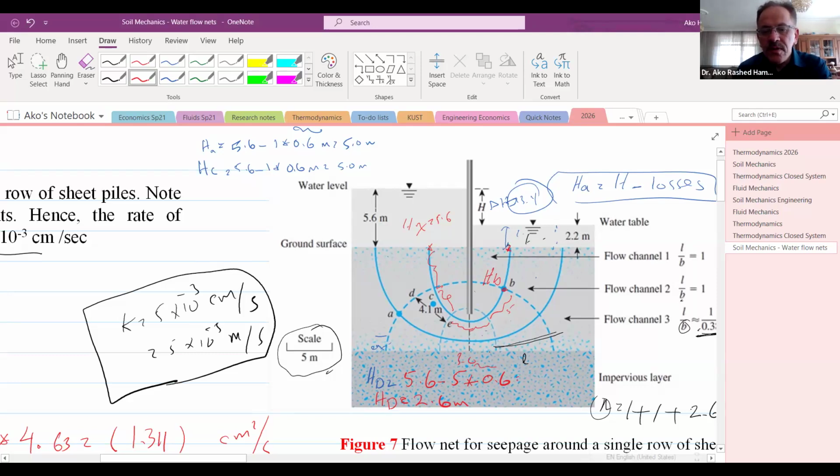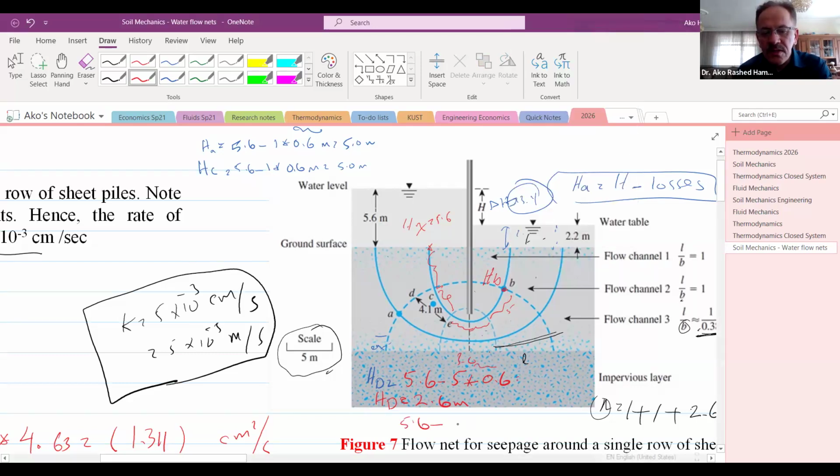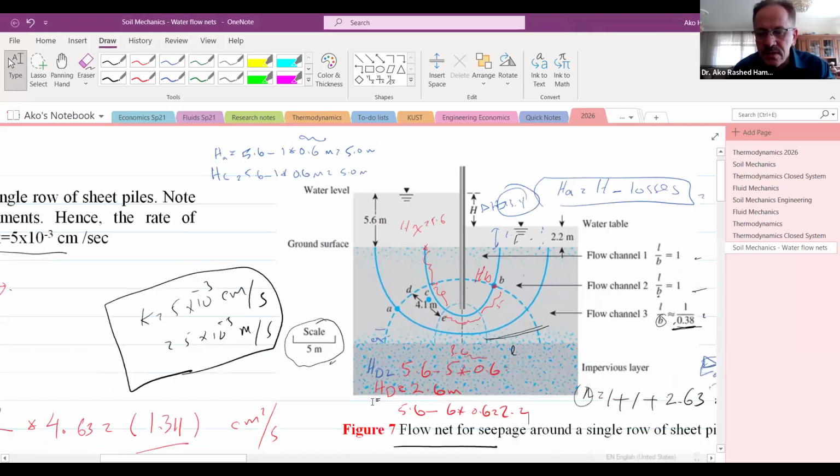And what will be the pressure on this one? The pressure at this one will be 5.6 minus 6 times 0.6. Sorry, we have 1, 2, 3, 4, 5, 6. Is that 0.6 correct?